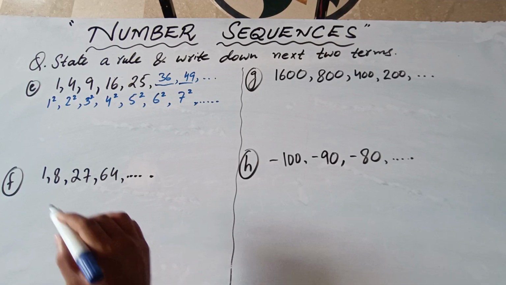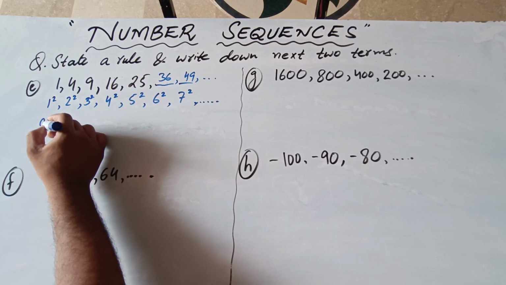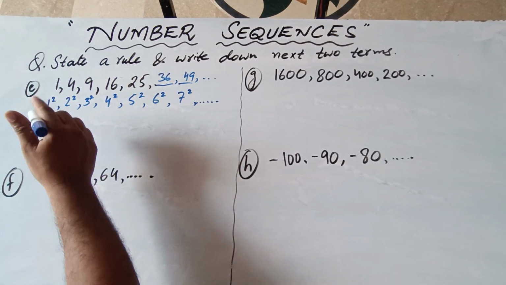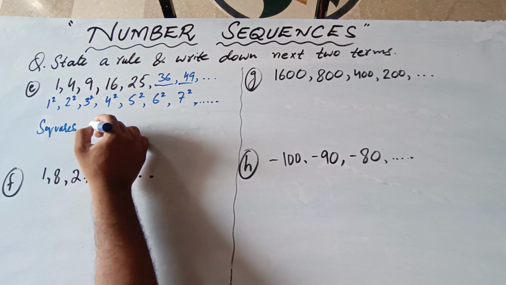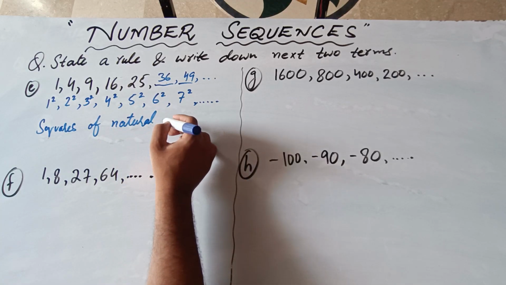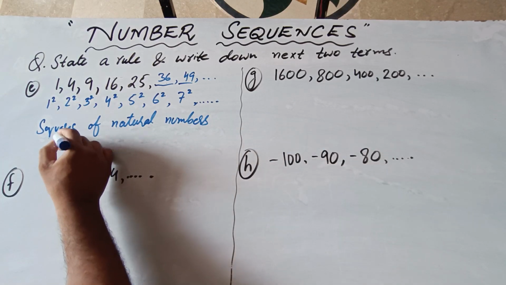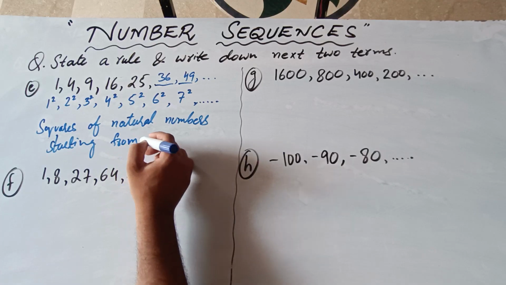Now how to write down the rule? These are the squares of natural numbers starting from 1.